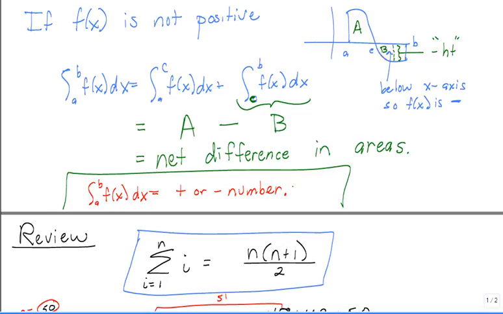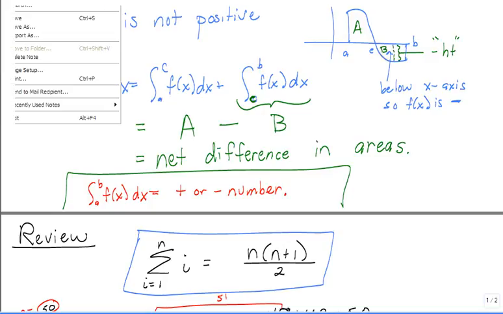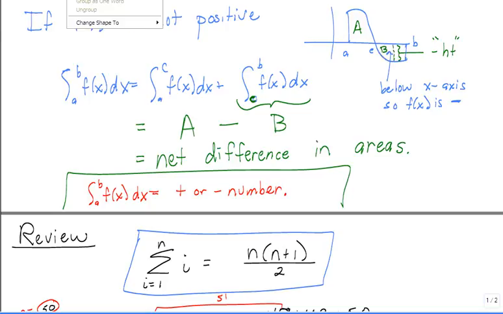When your function is not positive, you could get a negative number. And then it represents the difference in the two areas, the area above minus the area below. So your integral can be negative. Okay.